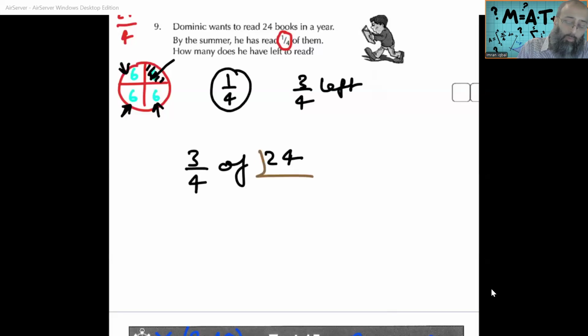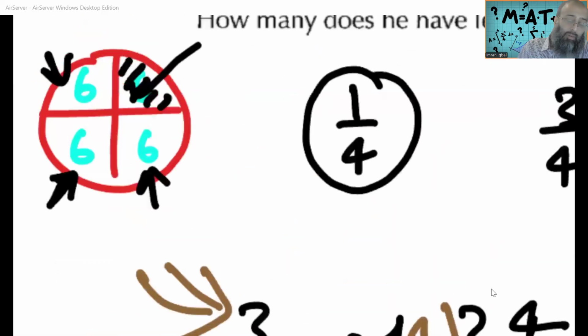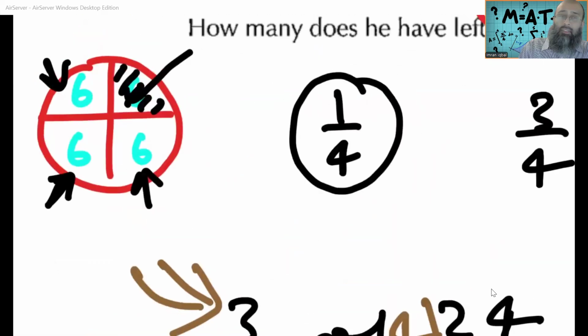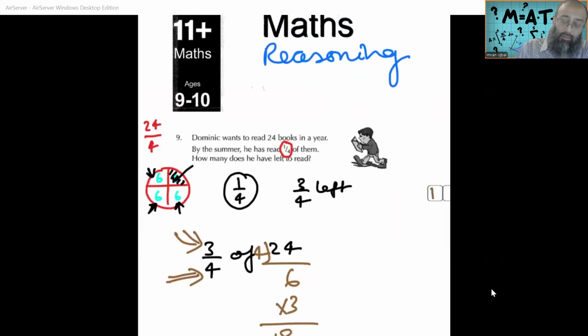We divide by the bottom number, which is 4. 24 divided by 4 is 6. So we work out a quarter. Then we multiply by the top number because we want 3 quarters, 3 lots of 6. And that gives us 18. And if you look diagrammatically, that's 6, 6, 6. And that also gives you 18. So our answer is he has 18 books left to read.